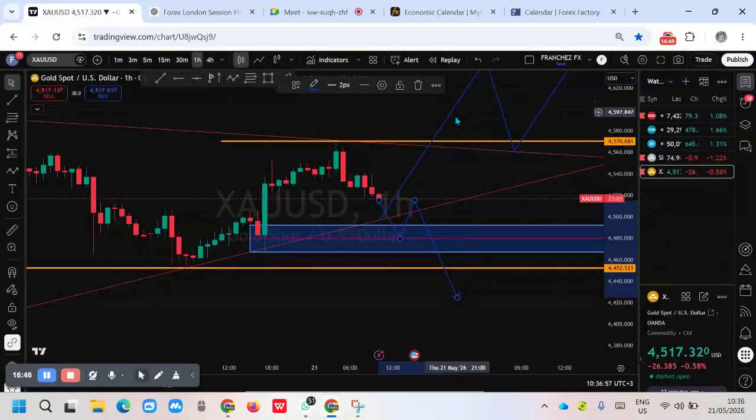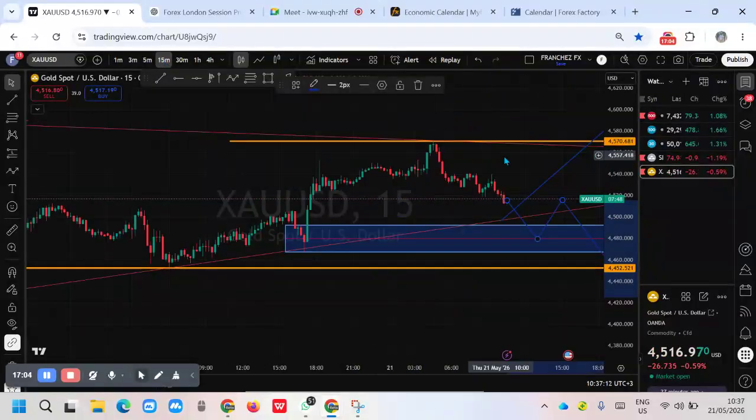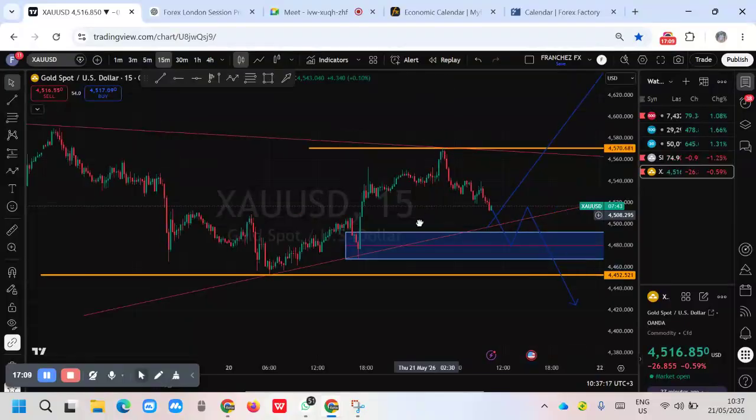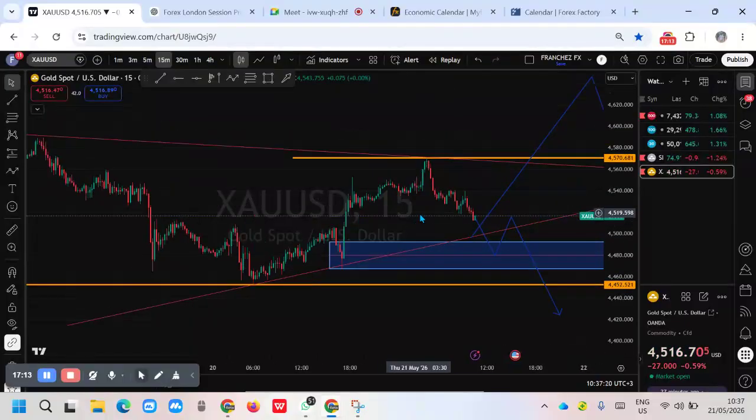So if this market comes and respects this zone and breaks to the upside, we will continue going up. If it doesn't do that, it will come and break and give us a continuity of a break, a bearish move.